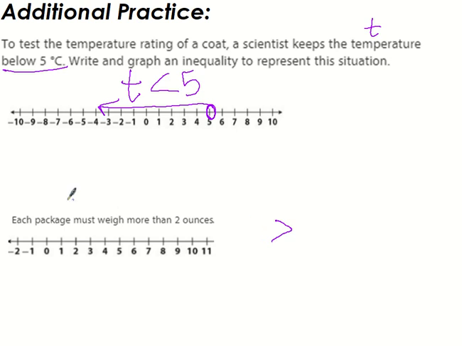We want the packages, maybe we put a P, to be more than 2 ounces. So there's my inequality. Should have started at 2, left the circle open, and we want everything to be bigger than that. So 1 greater than 2, nope. 3 greater than 2, yes. So you can see I check it, like when do I say yes? That's the way my arrow needs to go.